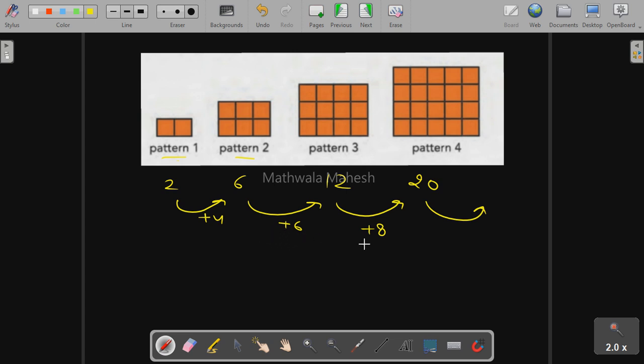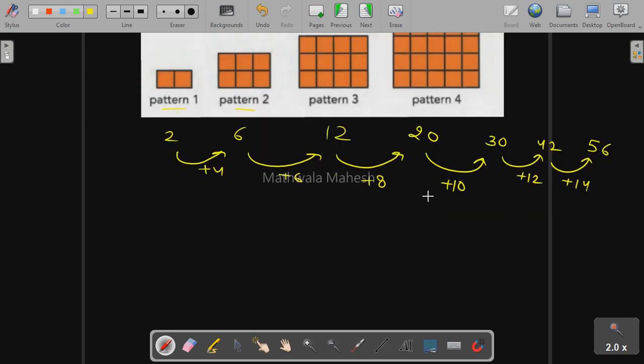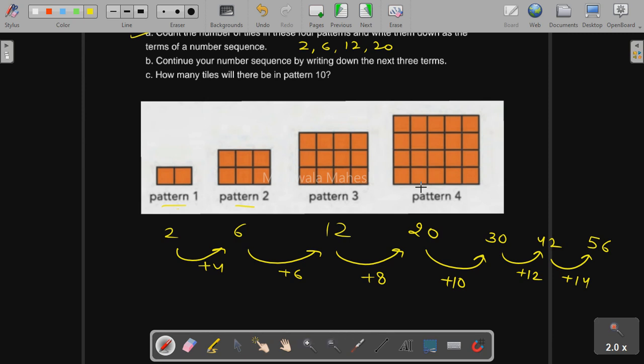Similarly, we have to add the next even term. Okay, so the next even term is 10. So I will get 30. Next even term is 12. So I will get 42. Next term is 14. So I will get 56. Okay, so the answer for B is 30, 42 and 56. These are the next 3 terms.